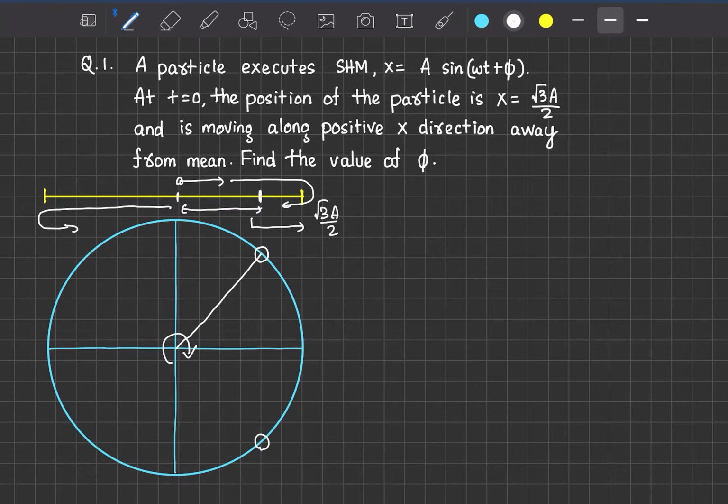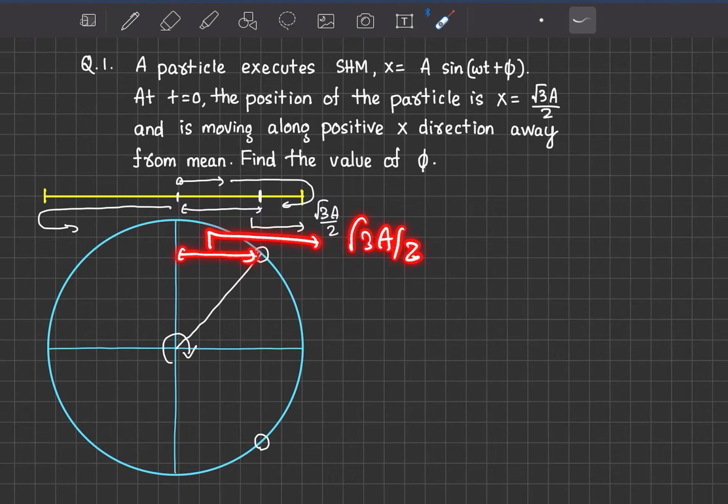Now if I join this and make a triangle, I get that this side is equal to root 3 a by 2, and this is our amplitude. In the equation the amplitude is a, that means in the circle the radius is a. So this is a and this is root 3 a by 2, right?